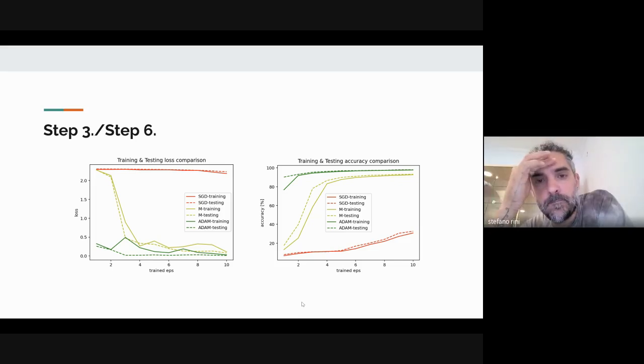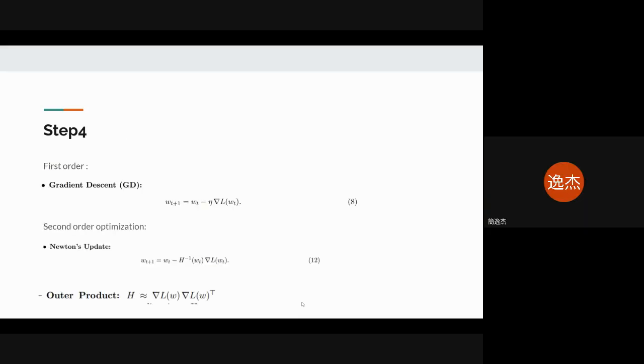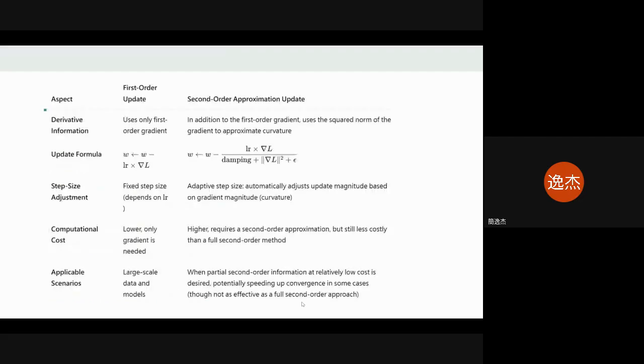Okay, next page. I'm the one who is in charge of step 4. First order uses gradient descent, and we use the outer product approximation for the Hessian for the second order optimization. Next page. And this is the difference between first order and second order.